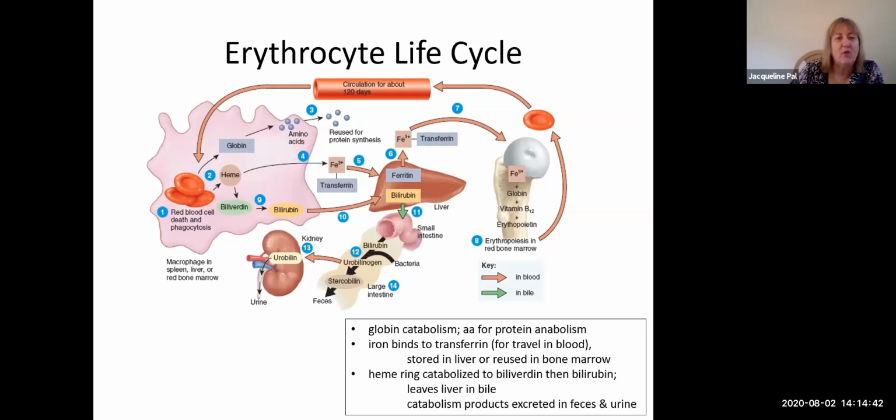And that gets broken down to a greenish compound called biliverdin, giving you that green bruise, which then turns yellow because of a compound called bilirubin that it's metabolized to. The bilirubin is then carried in your blood to the liver, where it leaves your liver through something called bile. And then the bile gets secreted into your small intestine.